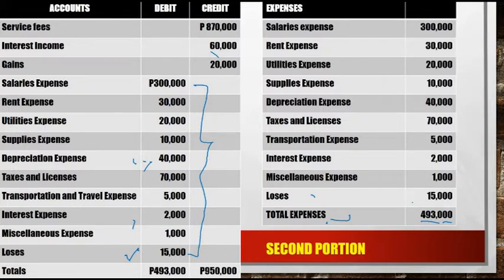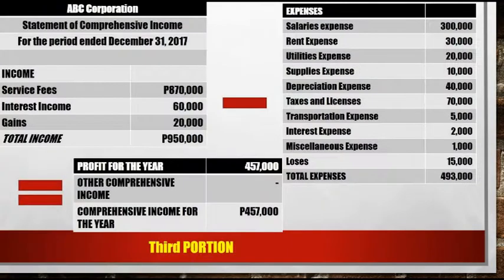Pero, reality, magkarugtong yan, yung income at expense. Meron lang silang one space na pagitan. So, third portion, you're going to subtract the total income minus total expense, wherein makikita mo si profit for the year. Tapos, as I have mentioned earlier, wala muna tayong other comprehensive income.